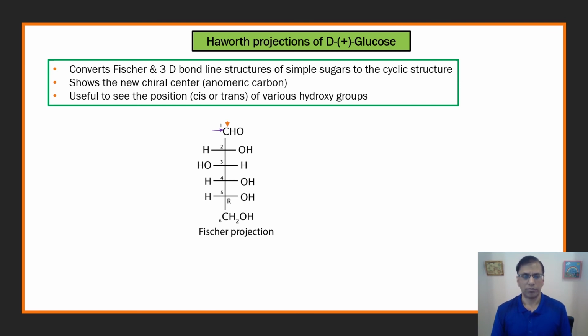So this is the Fischer projection structure of D-glucose. The aldehyde group is right on the top, and you can see that the OH group on carbon atom 4 can react with the aldehyde group and form a 5-membered ring.